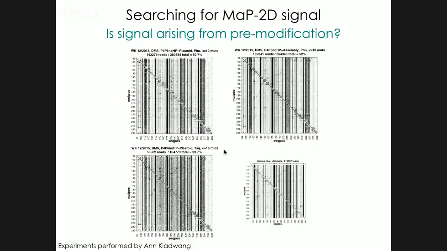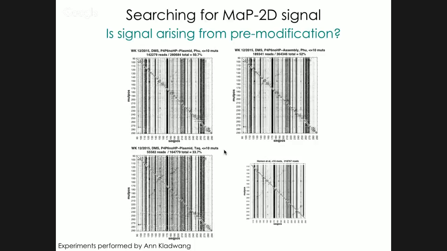And so you can see that the data for the assembly data set looks pretty similar, and the TAC condition also gives signal similar to the signal that we saw in the TAC condition for the previous set of experiments.